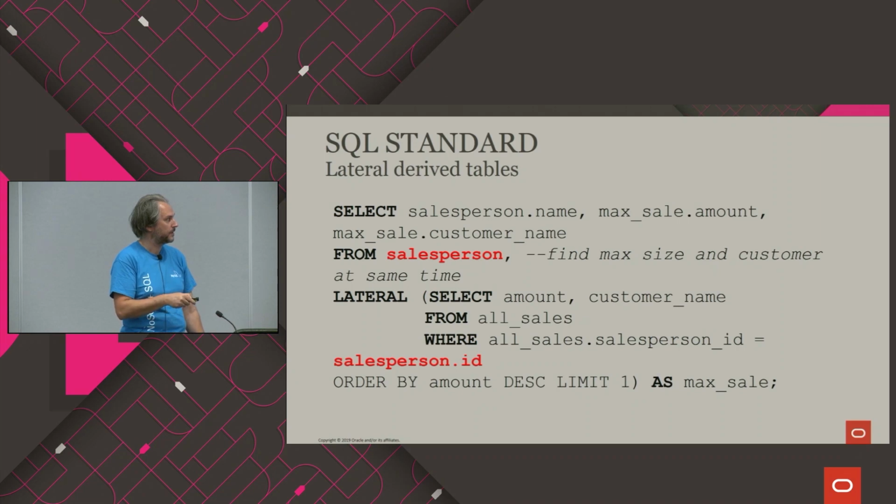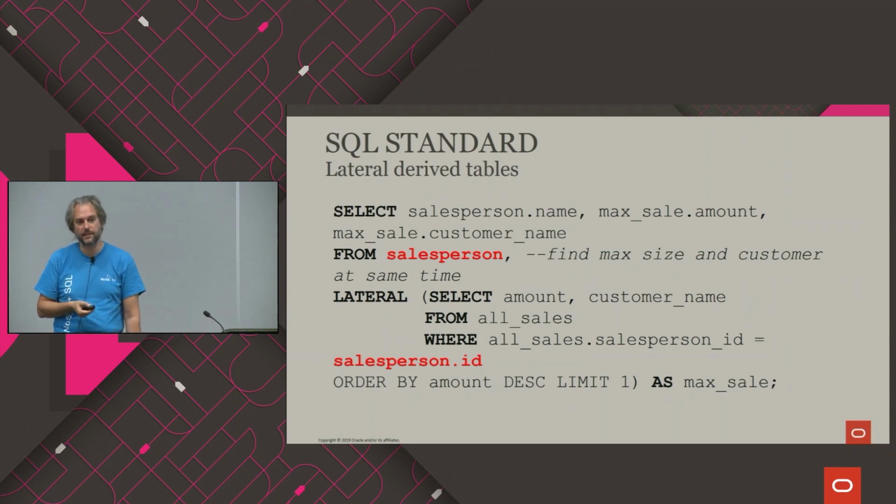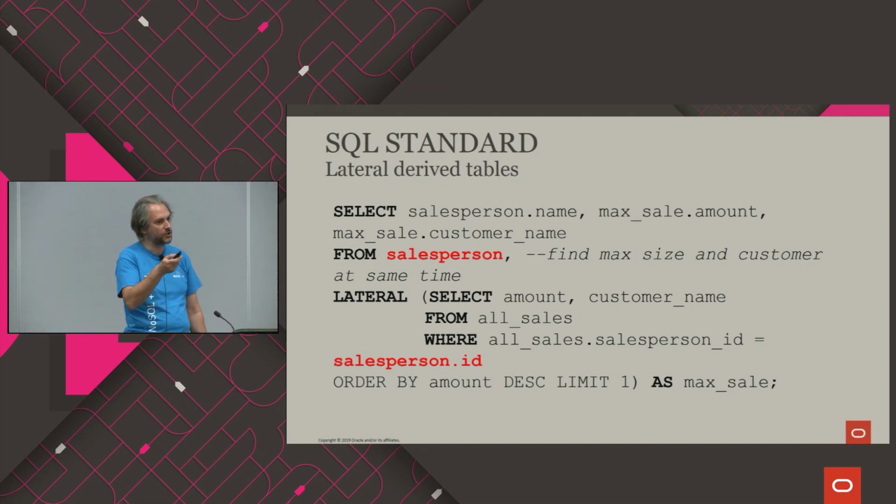I'm creating a derived table whose values are calculated on the salesperson again. So it's like, for those of you who code, a for, and for each there's another for inside. So it's a nested for.